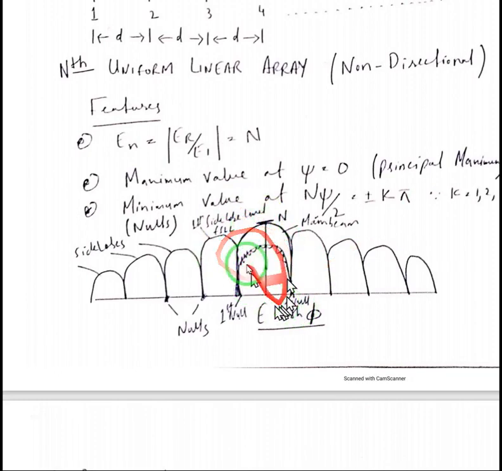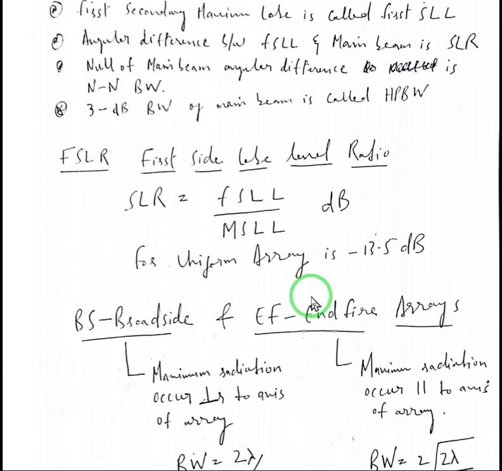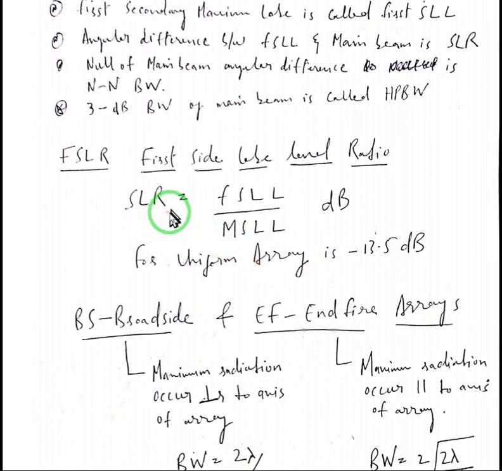The ratio between this and this, either left or right first lobe with the main beam, is called the side lobe ratio, and it is measured in dB. For a uniform array, the side lobe ratio is approximately minus 13.5 dB. That is standard and is calculated universally.